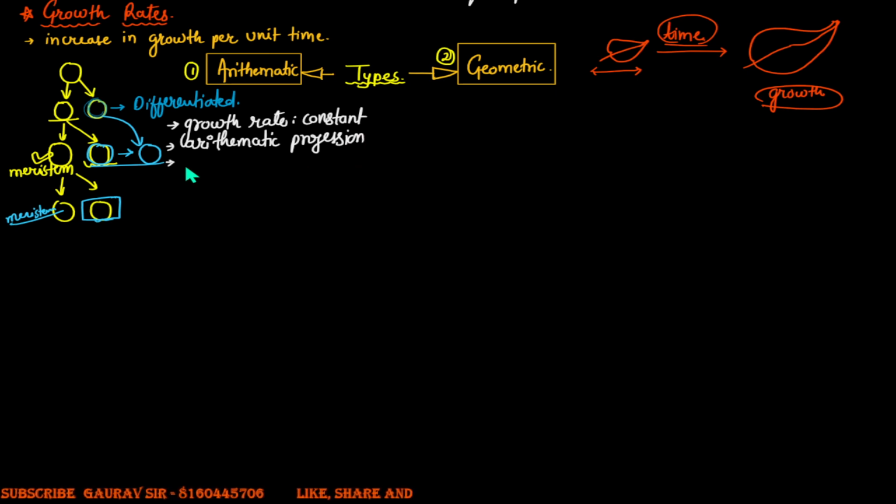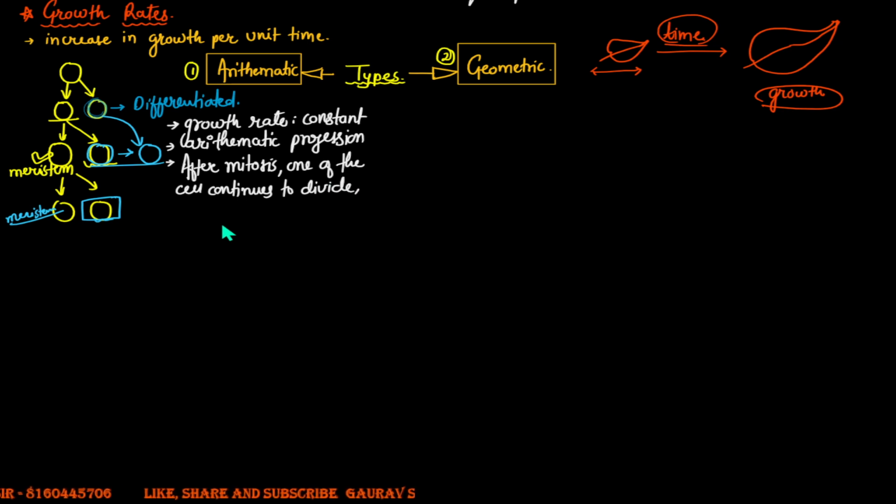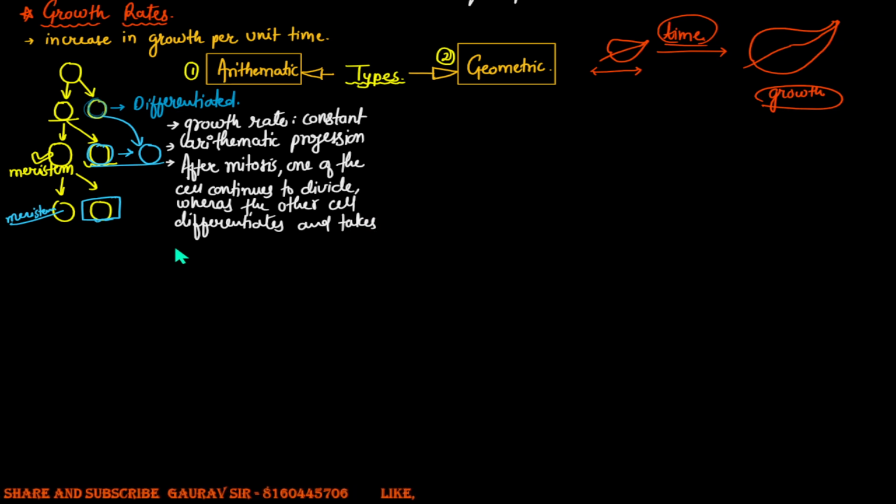Generally what we find is that after mitosis, one of the cells continues to divide, whereas the other cell differentiates and takes up a fixed form and function.